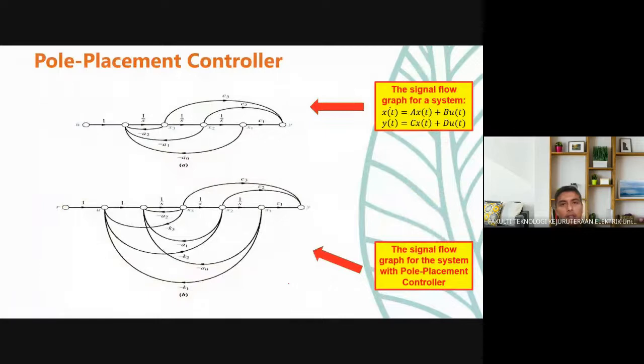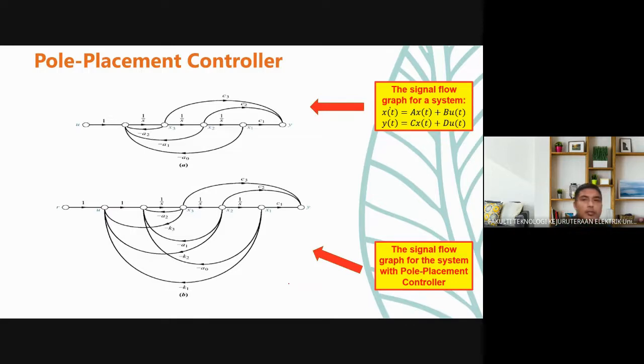Alright. So this is an example of the signal flow graph. In figure A, you can see the signal flow graph for the original system.